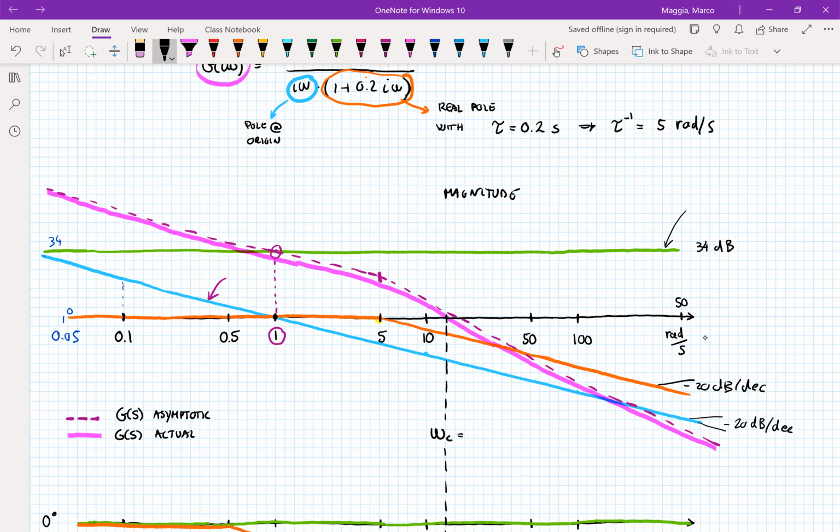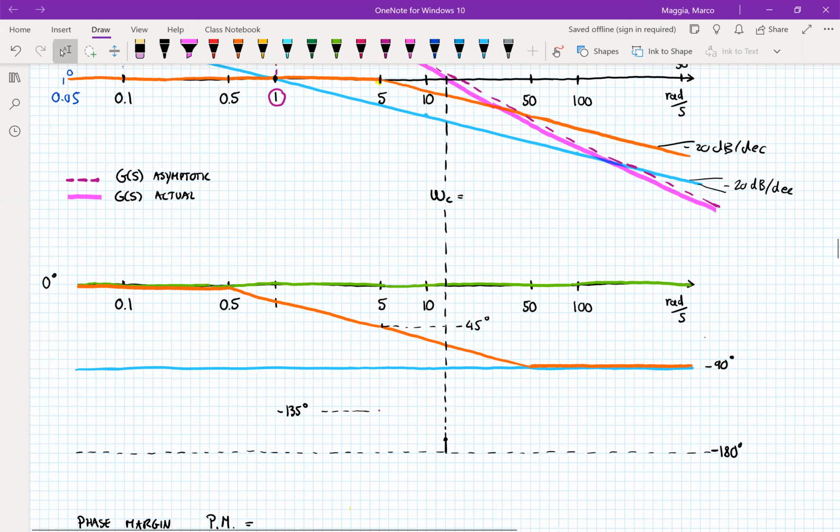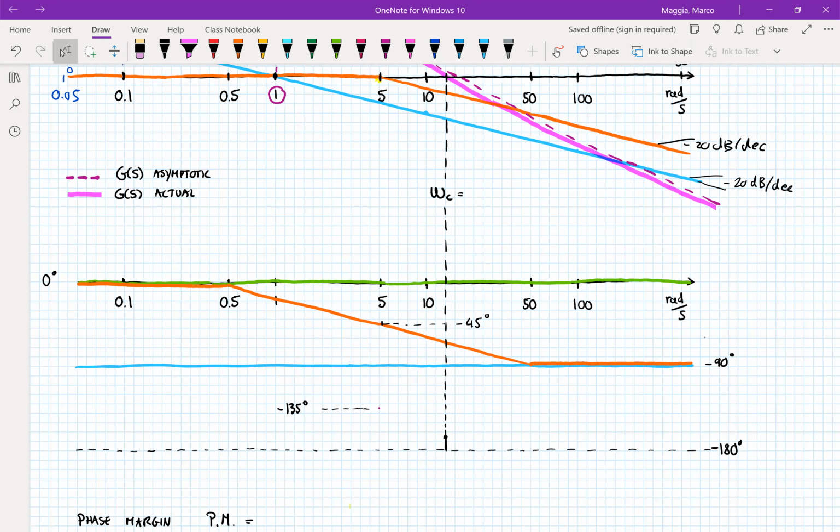Now let's take a look at what happens with the phase. So here, once again, I've already drawn the contribution of the 3 terms for the phase.